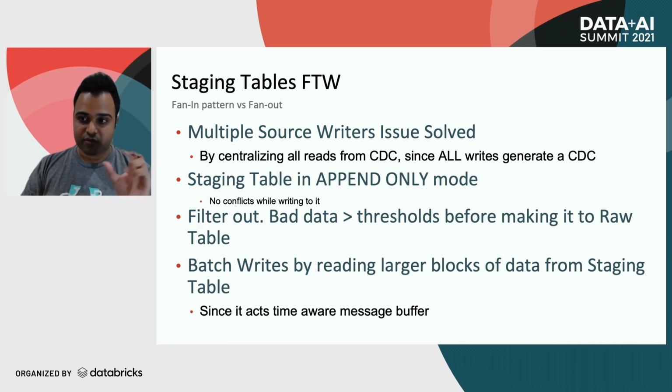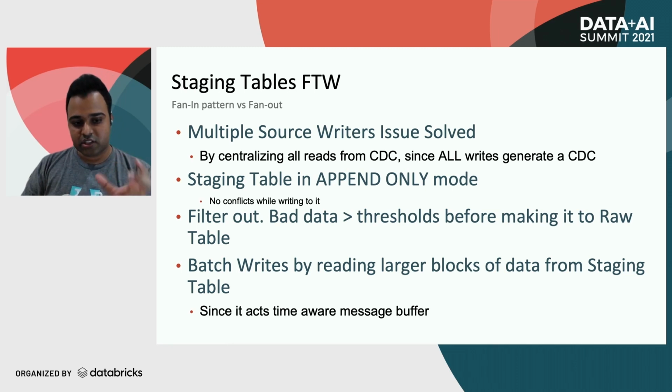The next thing is for the size problem that I mentioned: if we end up having some bad data from system enforcements that we need to do, we can filter it out based on thresholds before it makes it to the raw table, in the staging table itself. The next thing is the update key cadence and the frequency of updates.